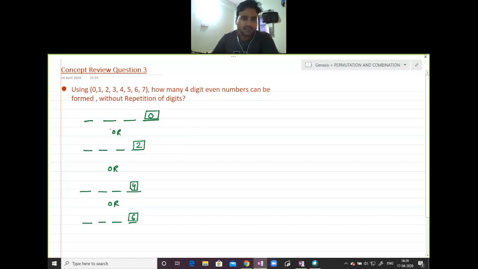See, 0 has been already used up, right? Now come to the first position here. How many ways are possible? Remaining 7 ways. Very, very simple. All together, how many are there? 8 digits are there. 0 has been already used up. I can't use it again because the question says without repetition, right? I can't use 0 again.